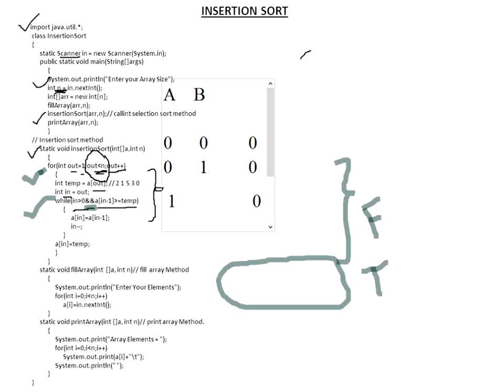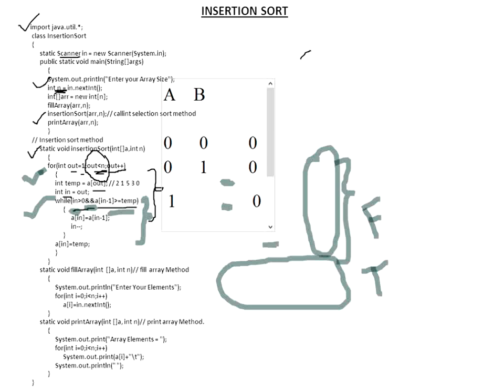So in this case, we have an AND operator, and this is the first condition and this is the second condition. So this loop will execute when both these conditions are true.